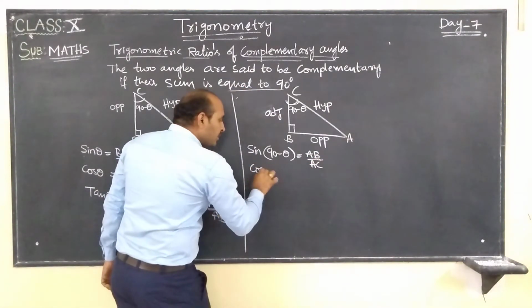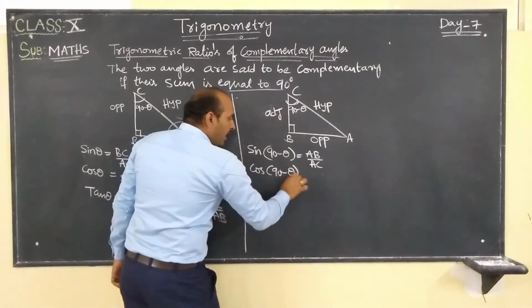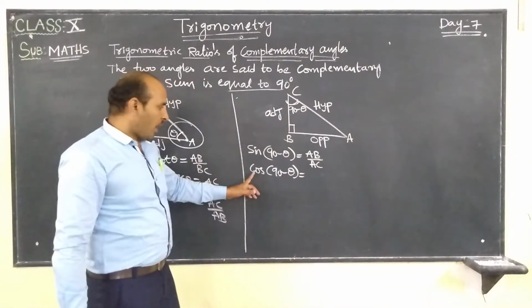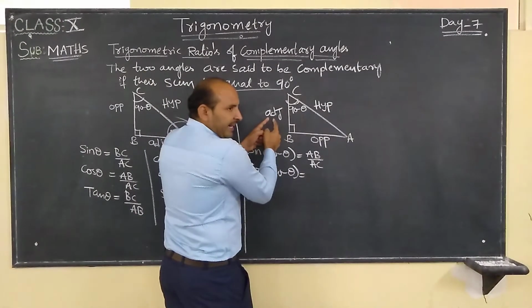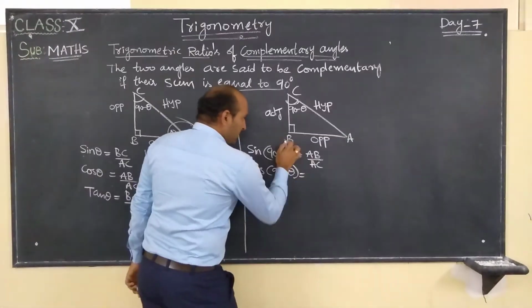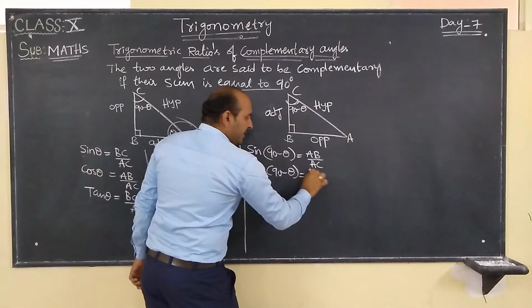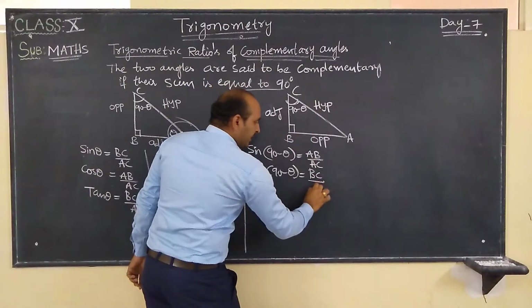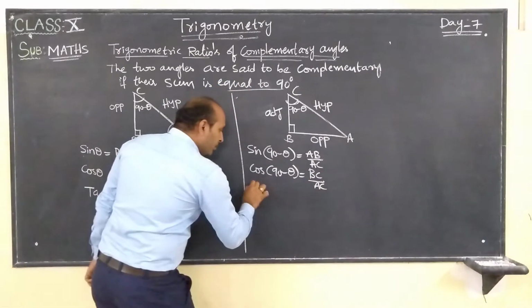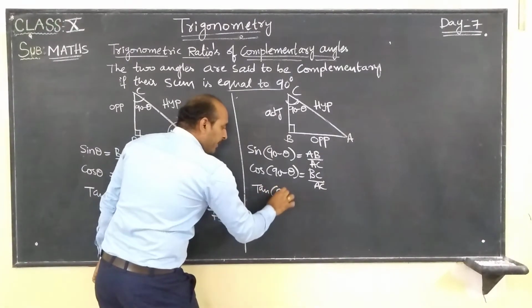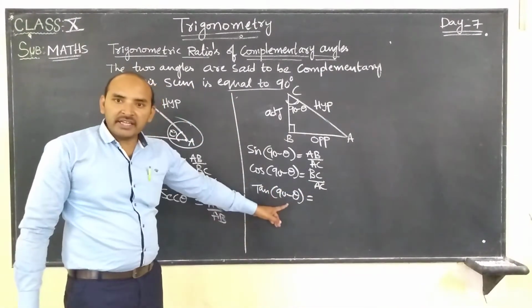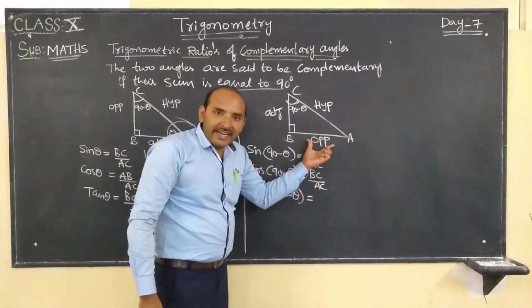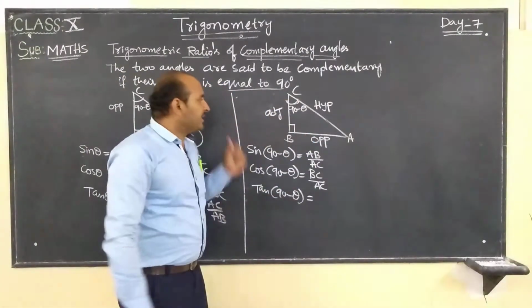Next, cos of 90 minus theta is equal to adjacent side divided by hypotenuse. What is the adjacent side? BC divided by AC. Now tan of 90 minus theta is equal to opposite side divided by adjacent side.